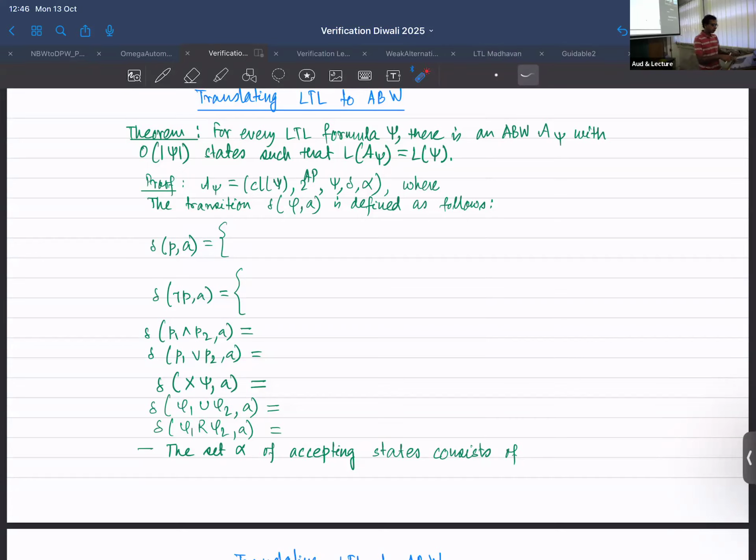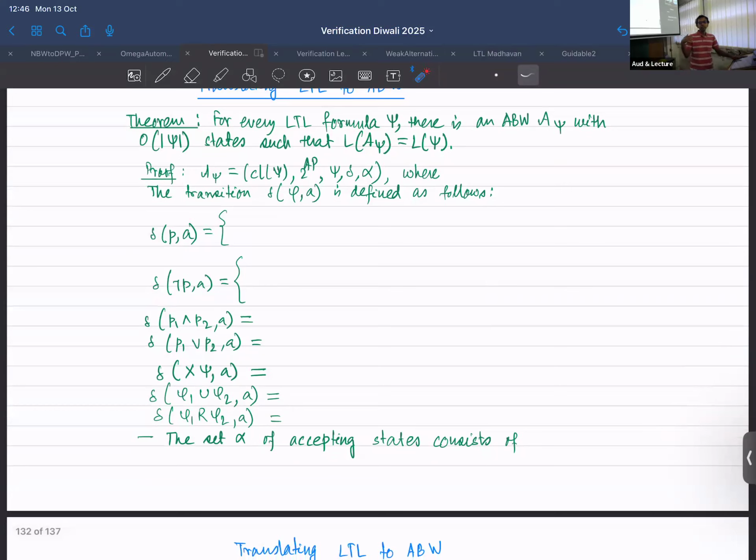First let's go through the description of the automaton, how the transition function looks. So let's start with, suppose P is an atomic proposition. And what is the form of A?